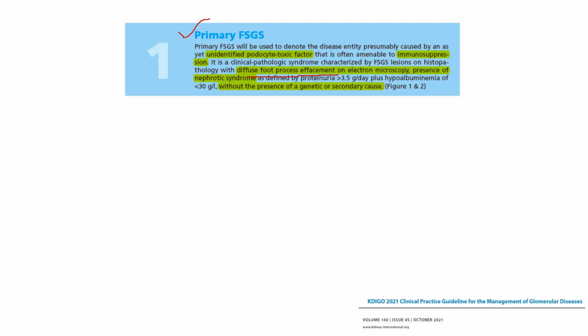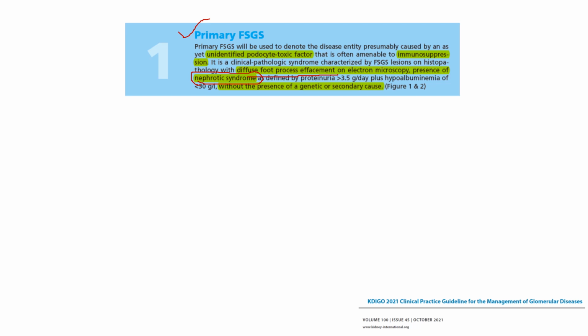Clinically, this patient will present with full nephrotic syndrome, which means serum albumin less than 3 grams per deciliter and proteinuria more than 3.5 grams.